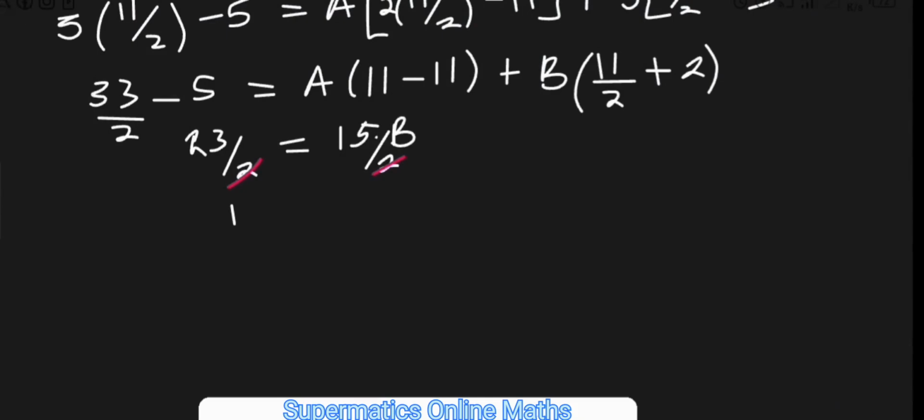That simply means that 15B is equal to 23, and B is just 23 over 15.